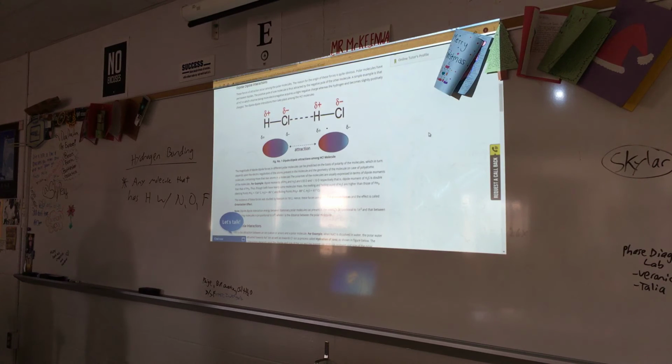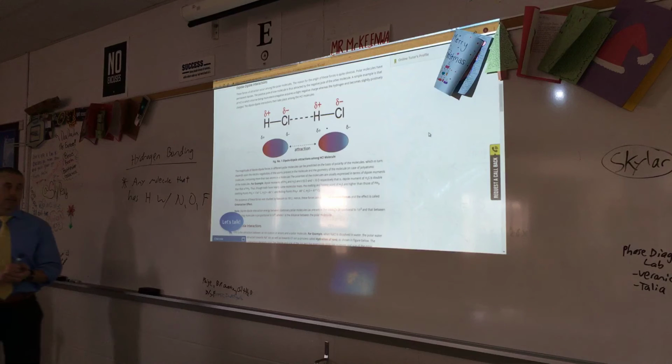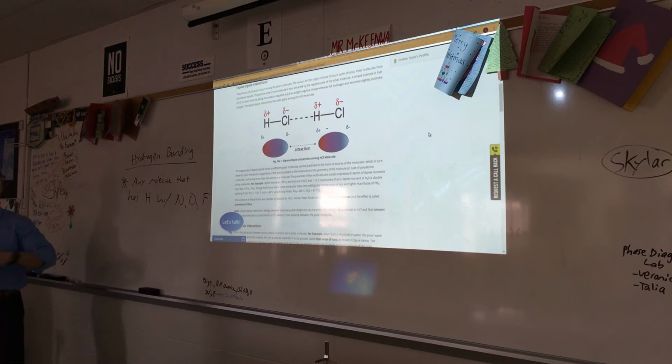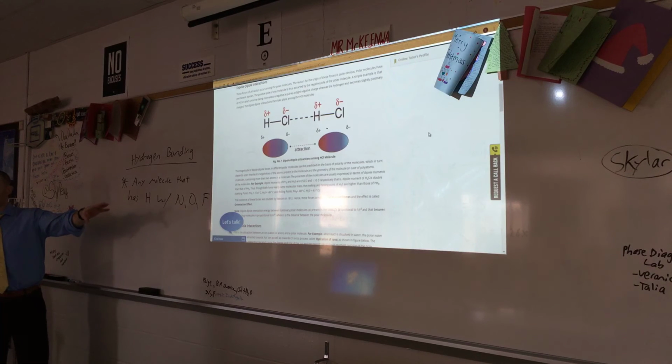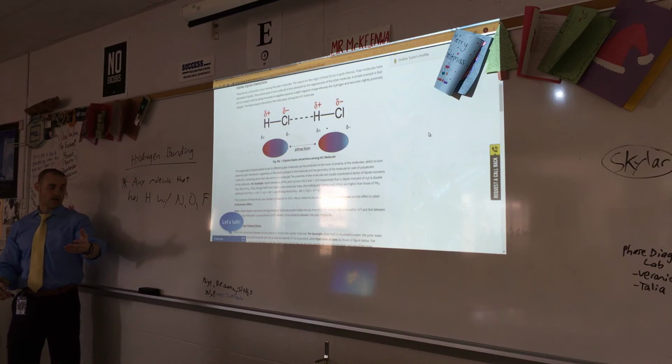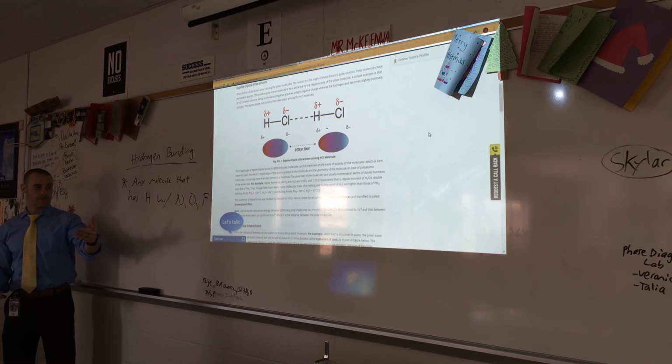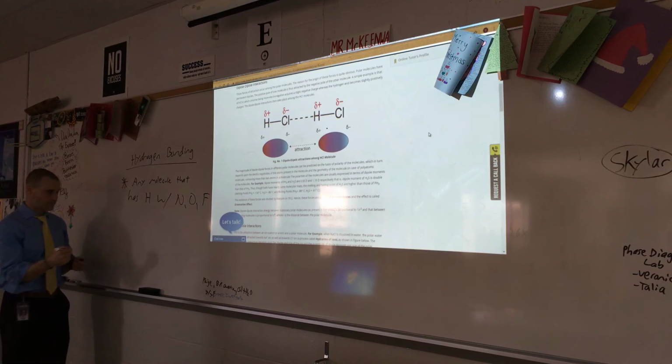So any molecule that has an N with an H, an O with an H, an F with an H, or you can say it the other way around, H with an N, H with an O, H with an F. Any molecule with those elements has hydrogen bonding. Water has hydrogen bonding. We drew it today as the warm-up. Okay? We'll do another one here.